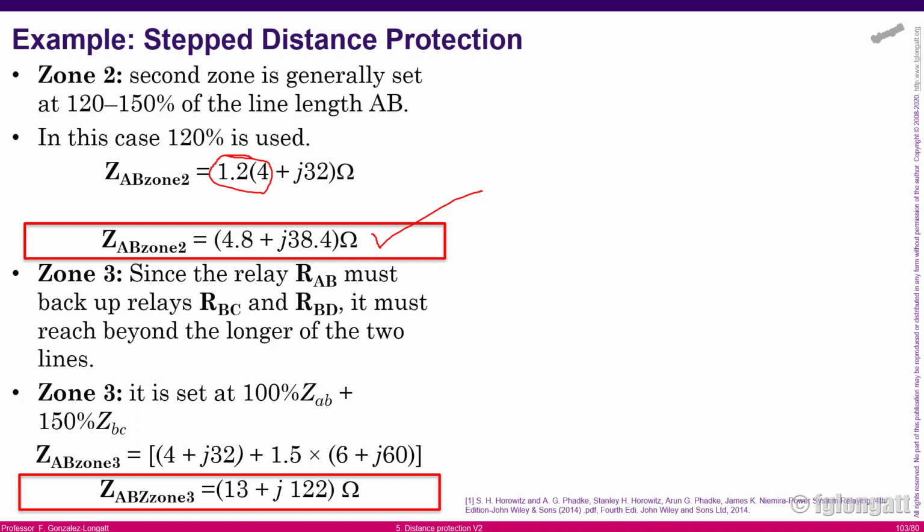And finally, Zone 3. Zone 3 is extremely simple. All my students are able to identify it. Zone 3 is very simple because it's 100% of the protected line plus 150% of the next line. That is one of the criteria, and we are using that criteria. Here you can see the impedance of the protected line plus 150% of the next line.